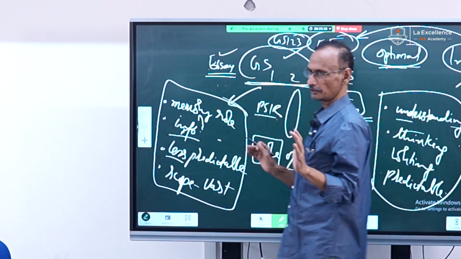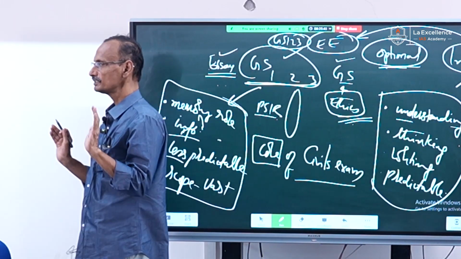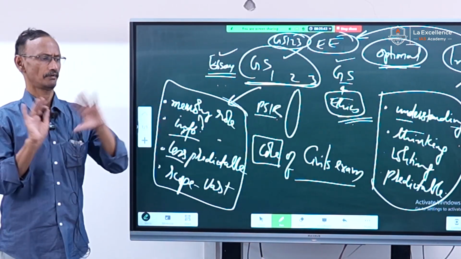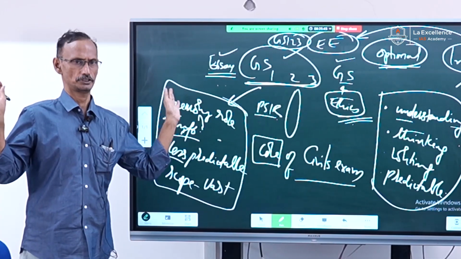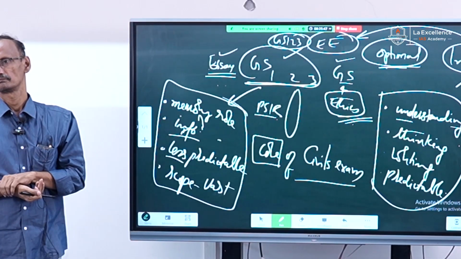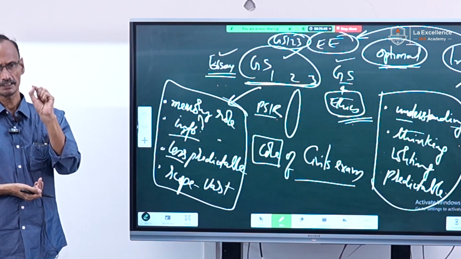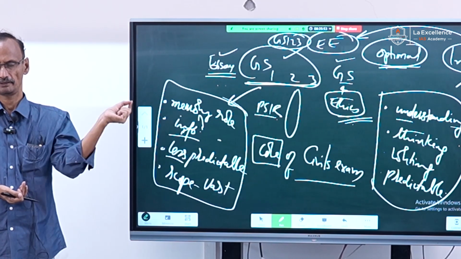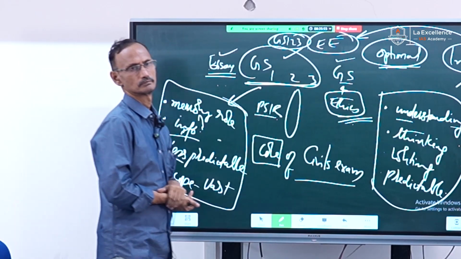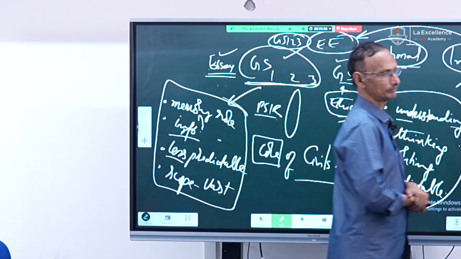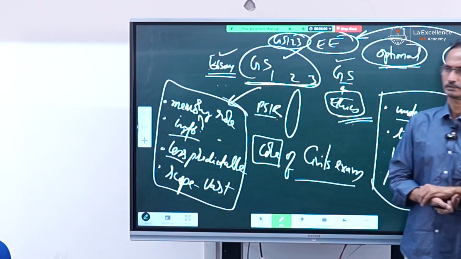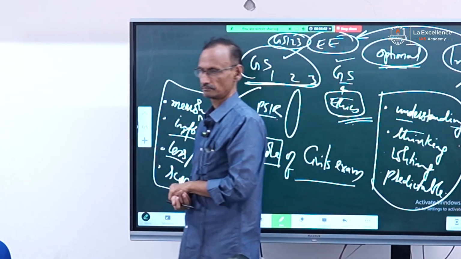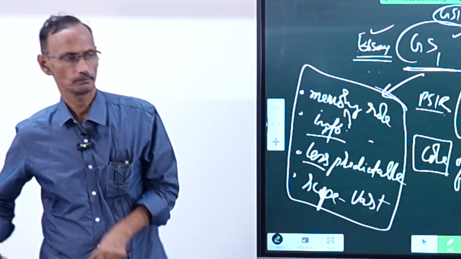But in GS 1 to 3, do what is expected of an average or slightly above average, that's all. An average plus score in GS 1 to 3 and super performance in the remaining papers. I believe that is the shortest road to success. Tell me, is this approach clear to you?